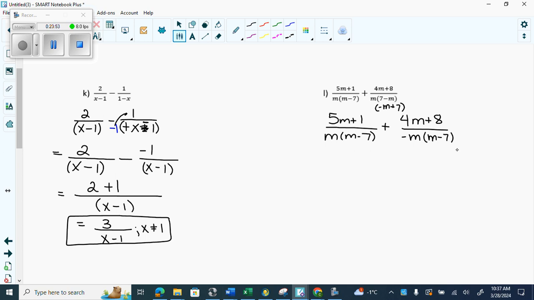But remember that when you move it to the top, it has to go to both. So it'll be a negative 4m and a negative 8. And then this will turn to a positive.